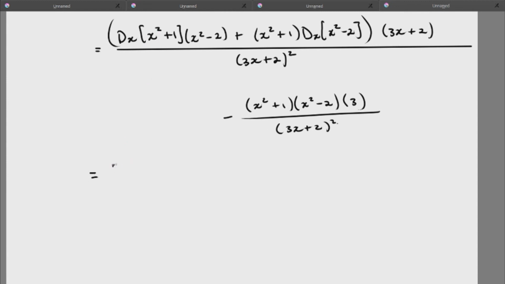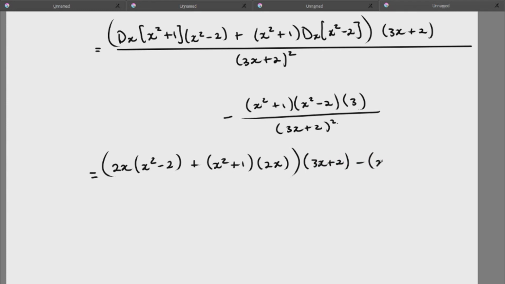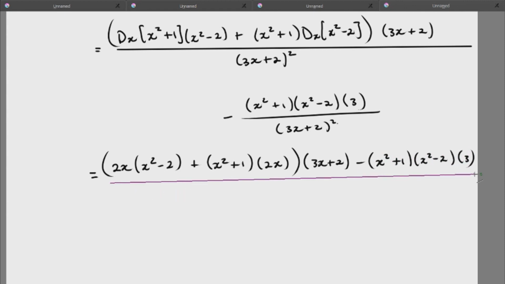This first one is just 2x, and that gets multiplied with x squared minus 2. Then I have my x squared plus 1 times 2x. Again, all of that multiplied with 3x plus 2. Then the bottom section is already done. I'm just copying it down. All over 3x plus 2 squared. Easy!